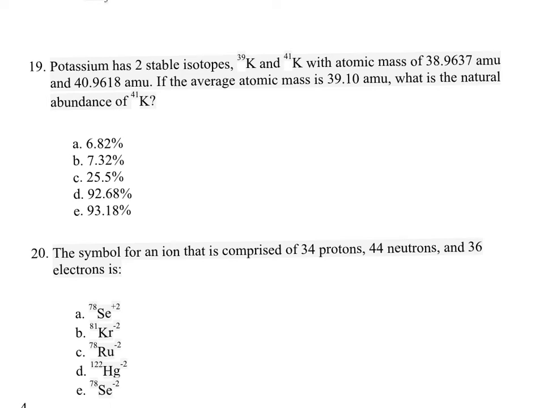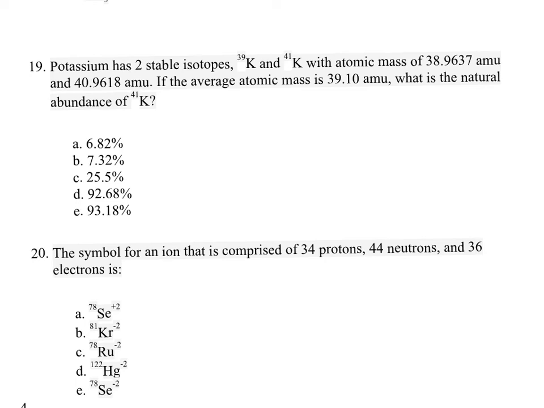Potassium has 2 stable isotopes, potassium-39 and potassium-41, with atomic masses close to 39 and close to 41. If the average atomic mass is 39.10 atomic mass units, what is the natural abundance of the heavier isotope, K-41?